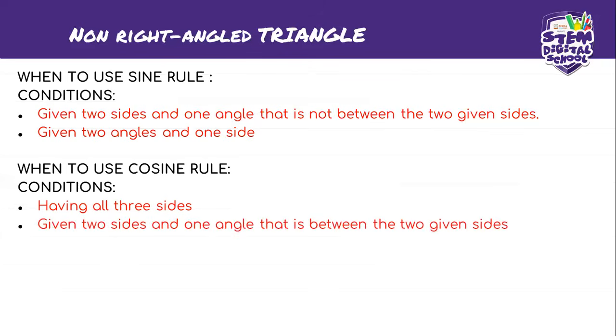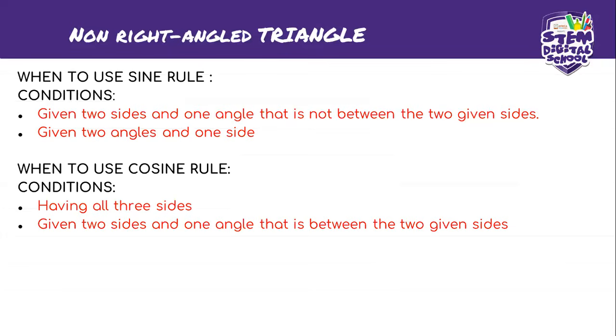Another condition for the cosine rule is when we are given two sides and one angle that is between the two given sides. Listen to this: given two sides and one angle that is between the two given sides.